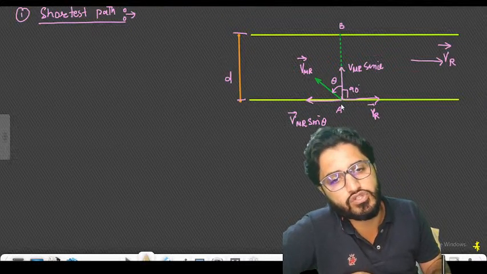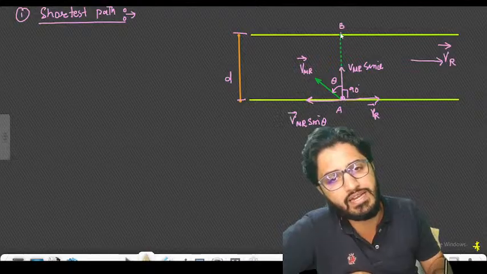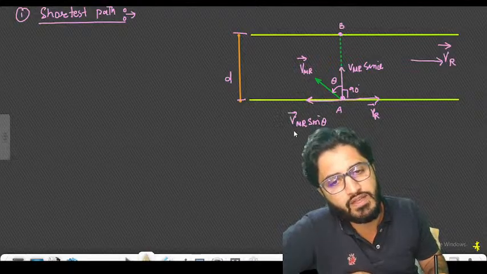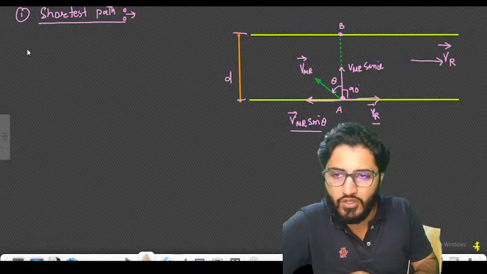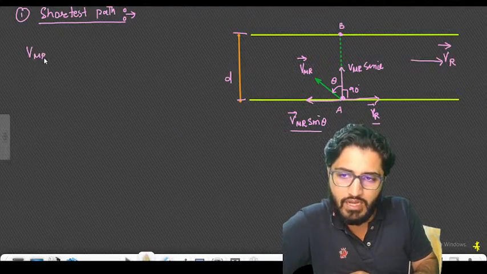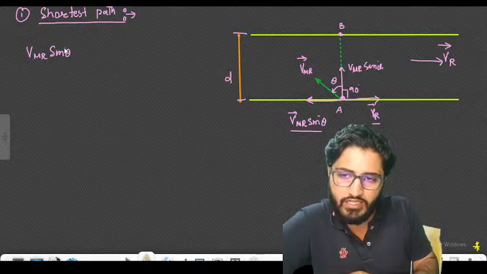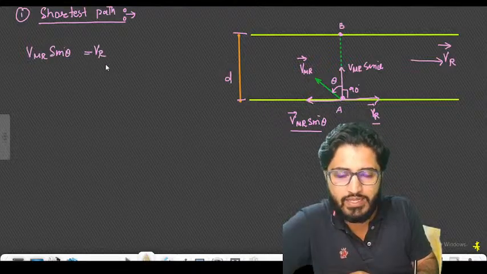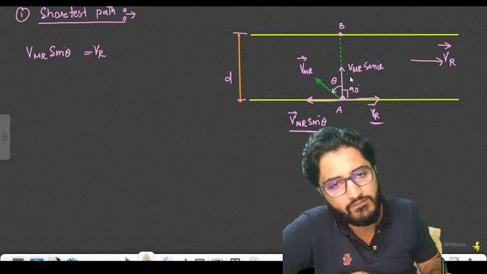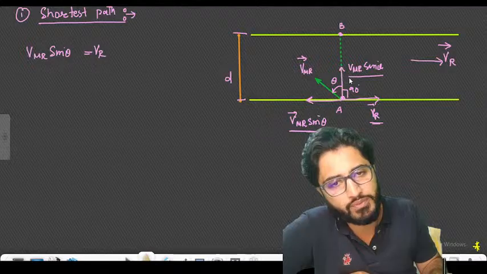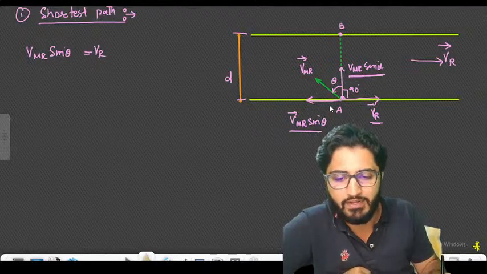Now, if a person wants to cross this AB line in this particular way, my VMR sine theta should be equal to VR. Because this velocity component will cancel this one, then only the person will go from A to B in the shortest path.